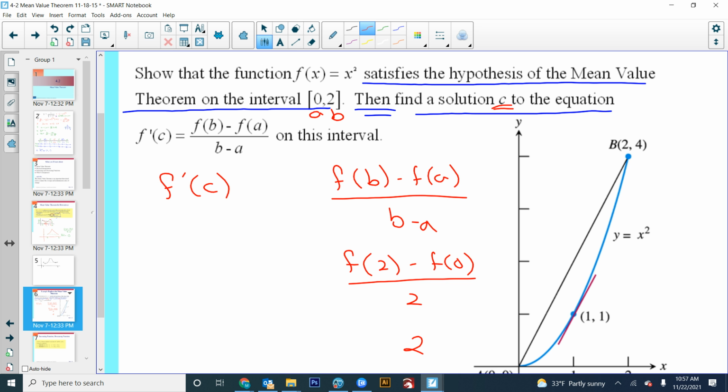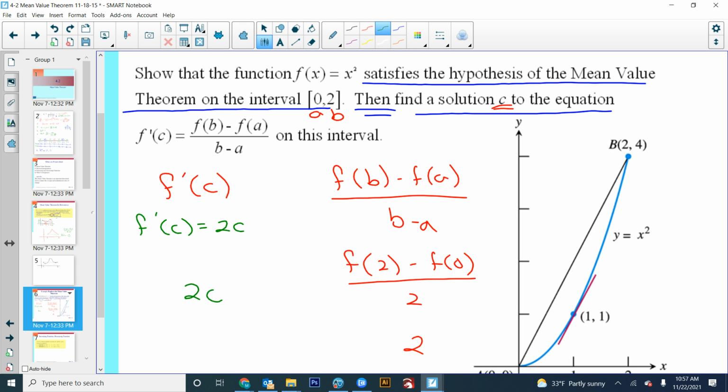Now for the left part. What's f prime of C? I'm going to be mean here. 2C. F prime of x is 2x. F prime of C is 2C. So guess what the mean value theorem's conclusion says?